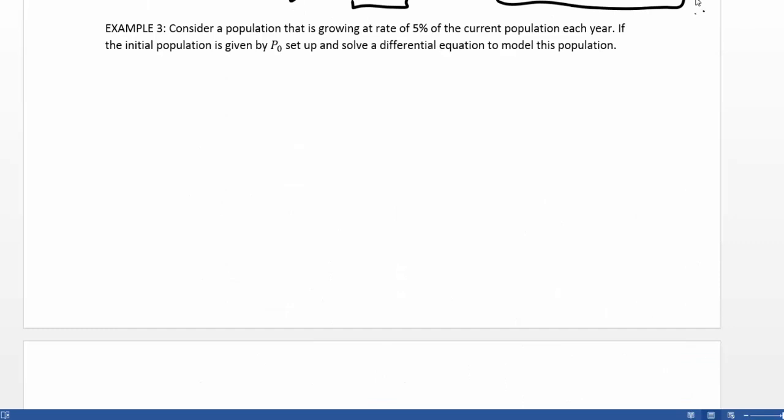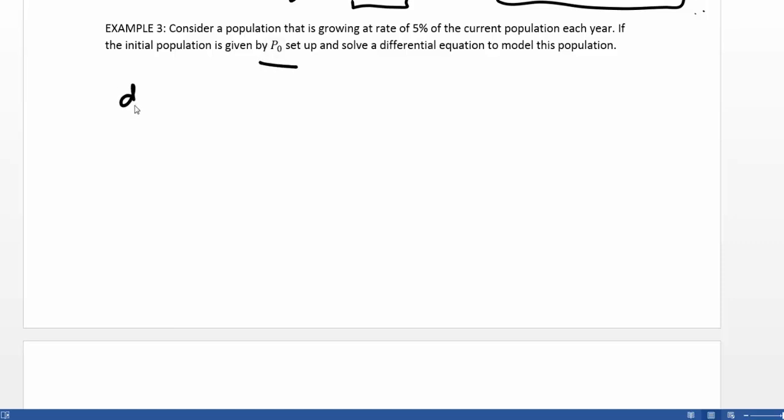Example 3. Consider a population that's growing at a rate of 5% of the current population each year. If the initial population is given by P naught, or P sub 0, set up and solve a differential equation to model this population. So here, we don't have any variables other than the initial amount.